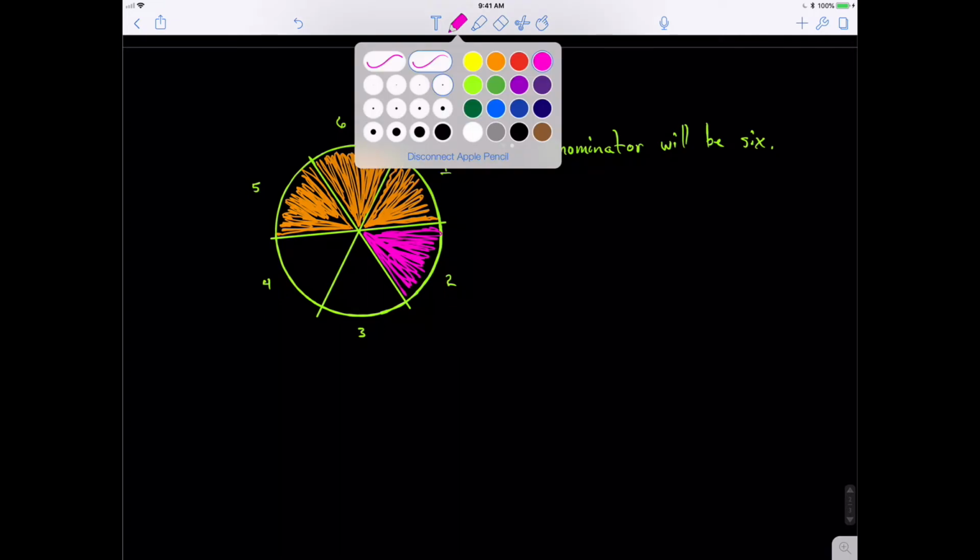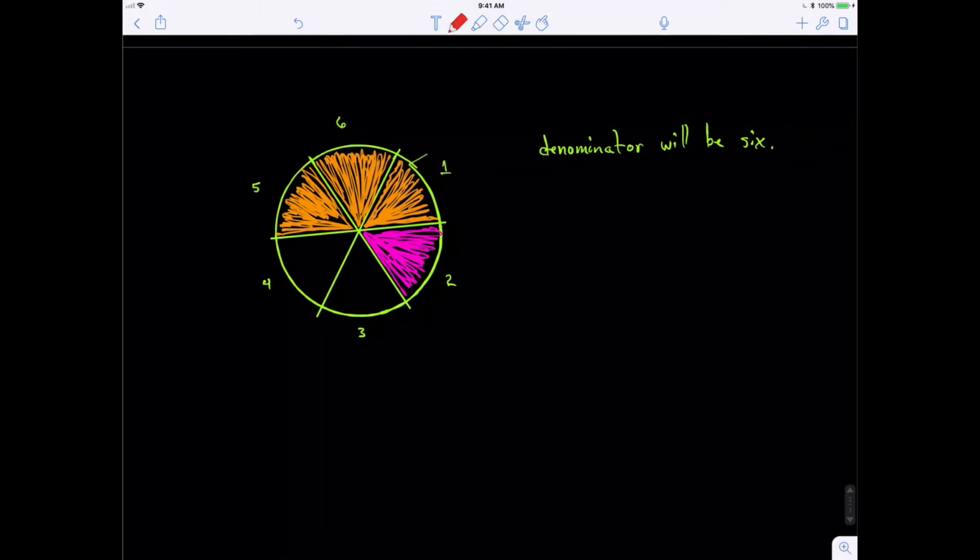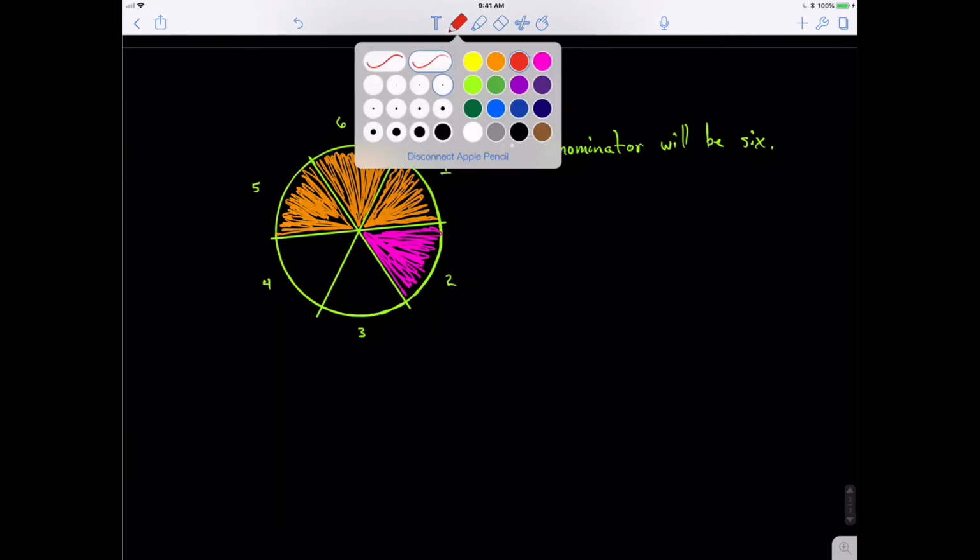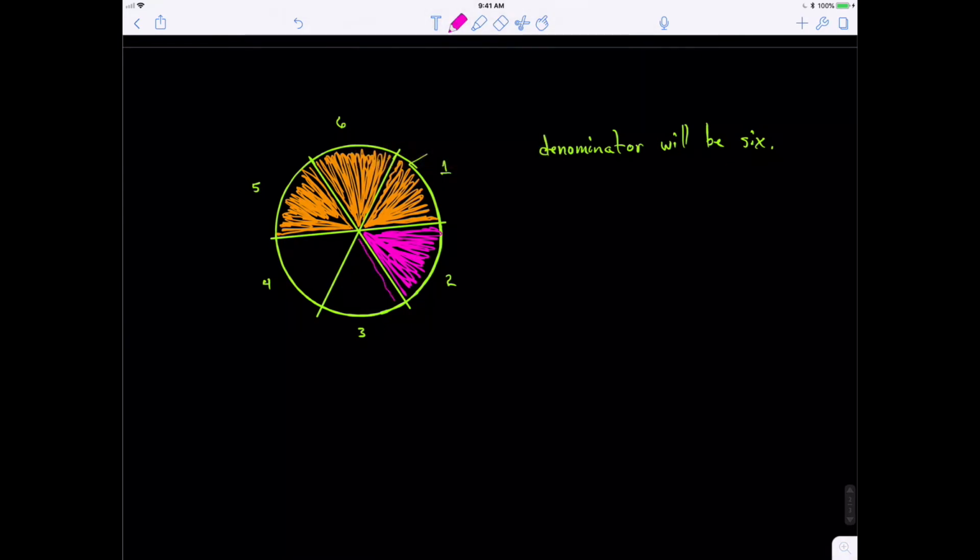And finally, we'll use the red. Sure, let's use the red. And oops, I said 2. I misspoke. I said 2 pieces in pink. I colored 1. So let me keep on coloring in pink. And finally, we had 1 piece that'll be red.